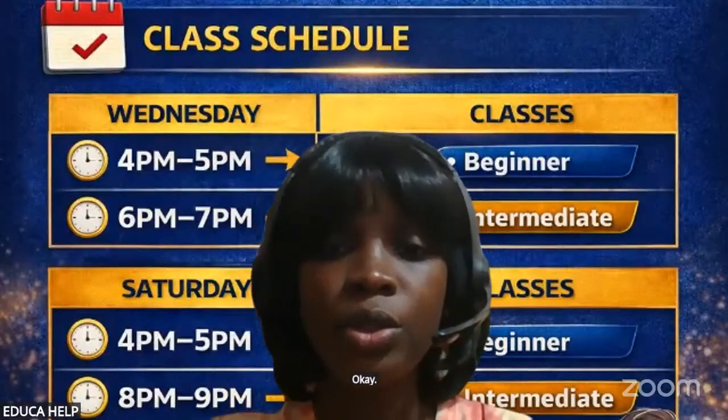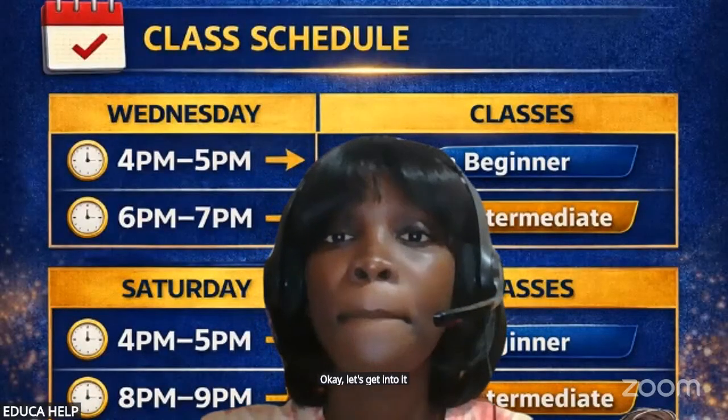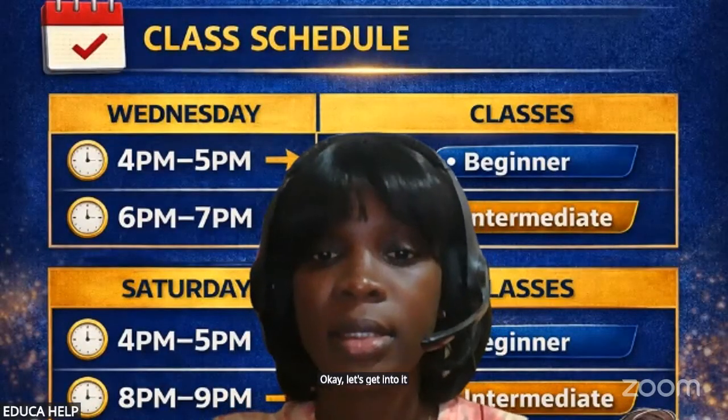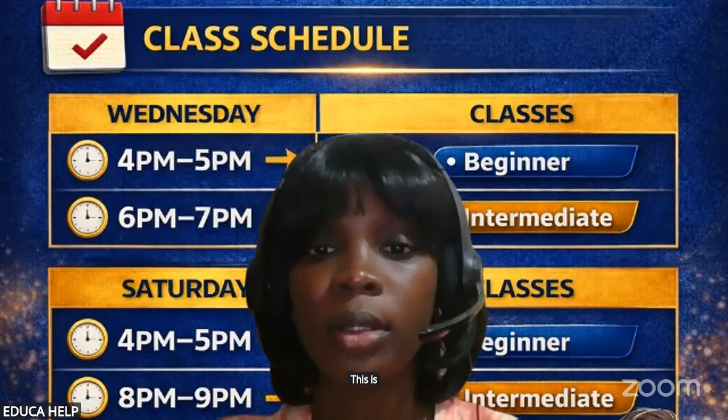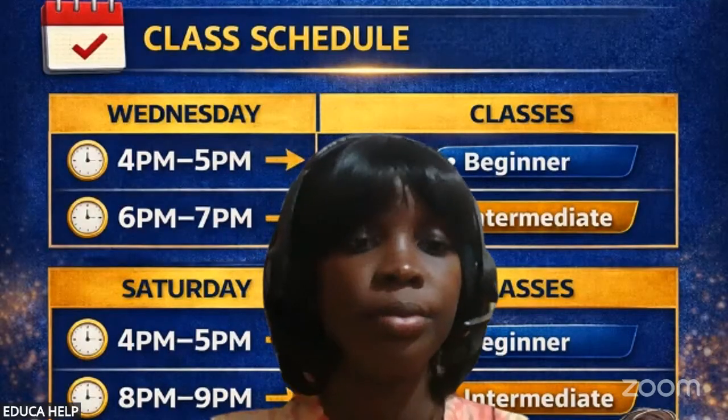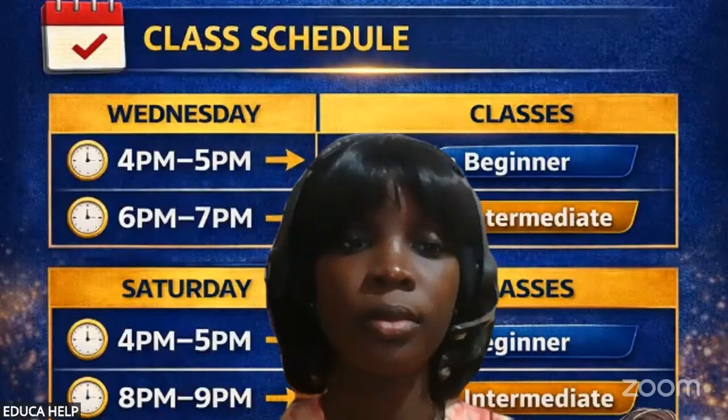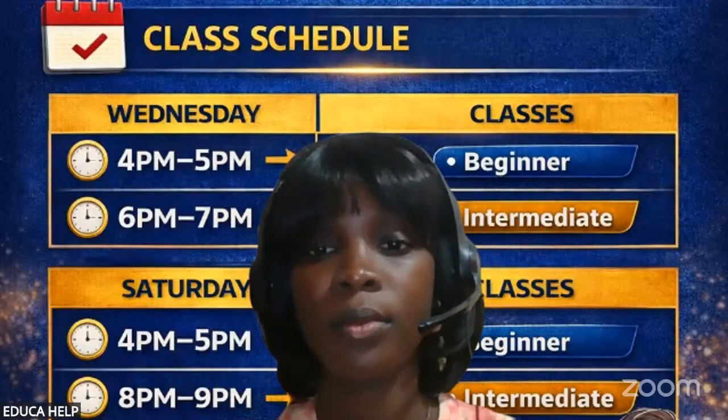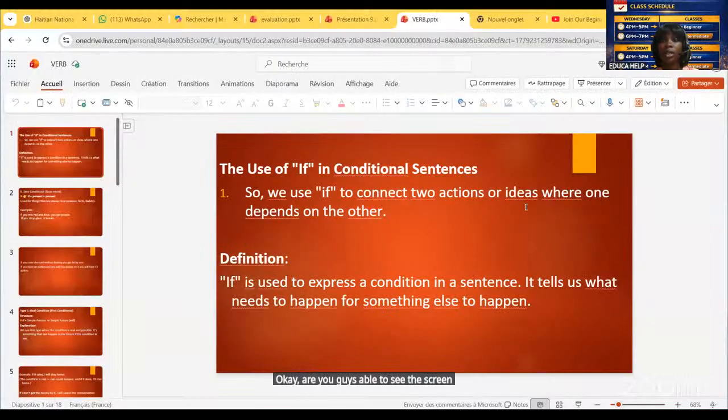Let's get into it. This is the one. Okay. Are you guys able to see the screen? Can all of you see the screen? Yes, I see.